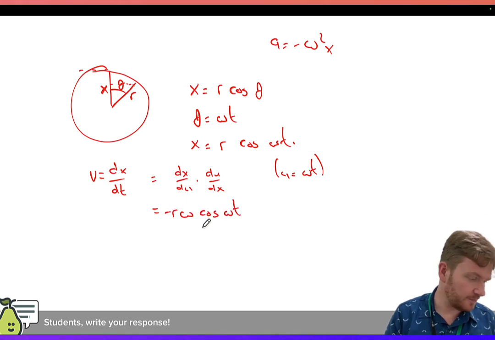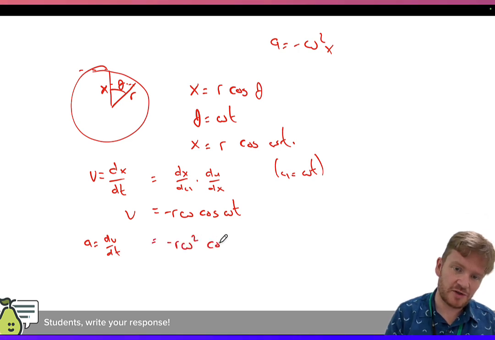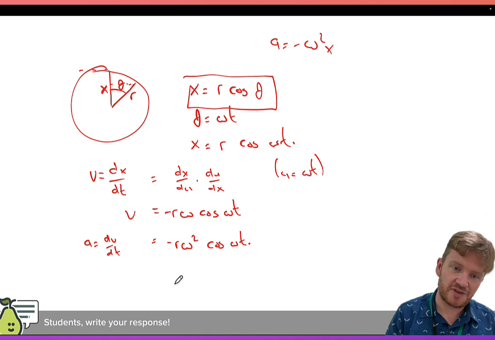Actually, I think it's minus r omega sin omega t. That gives me v. Now acceleration is dv by dt. I'm going to do the same thing again, and that will give me minus r omega squared cos omega t. But remember here, I said x is r cos theta, so that is equal to minus omega squared multiplied by x.